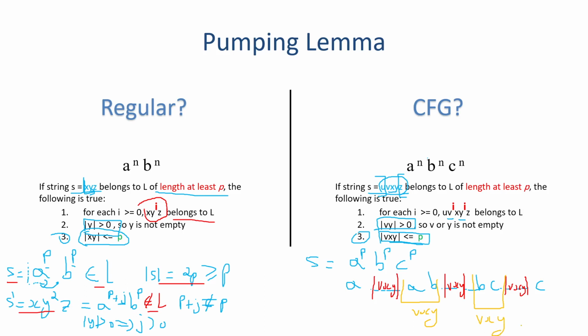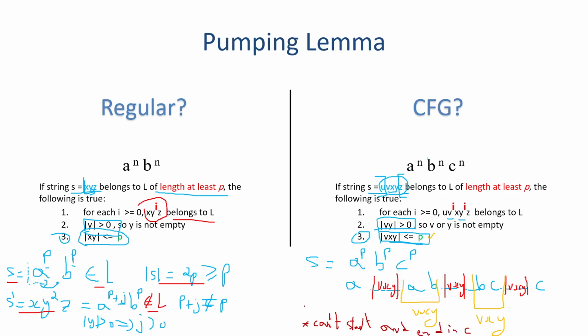These are all the cases that we have where VXY could be. Why? Because it's a sliding window. It can be wherever it wants. However, there's a rule where it's at most size P. So I don't have a case where I start in A and end in C. That's just not possible.